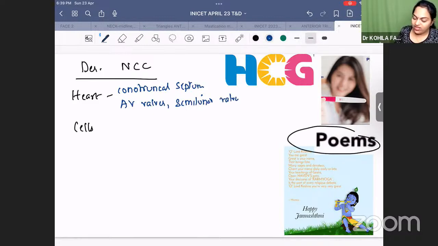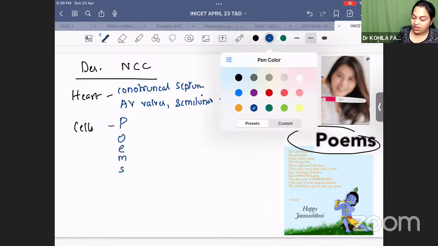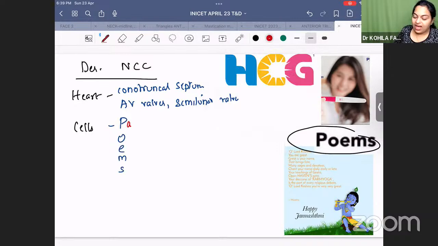So what does POEMS stand for? P is for the parafollicular cells, the C cells of the thyroid gland. O for odontoblast. E for the enterochromaffin cells. M, there are 3 M's there: adrenal medulla.